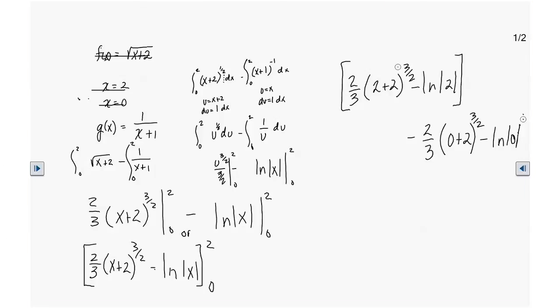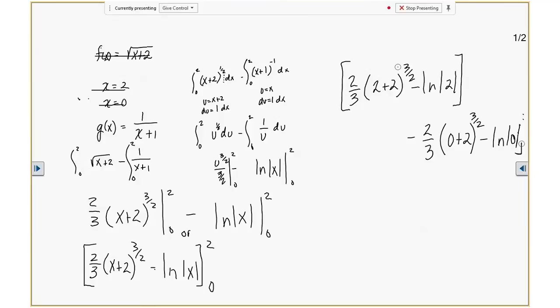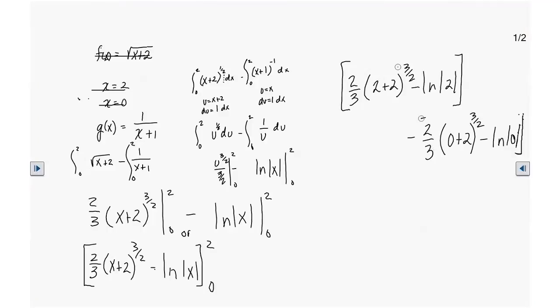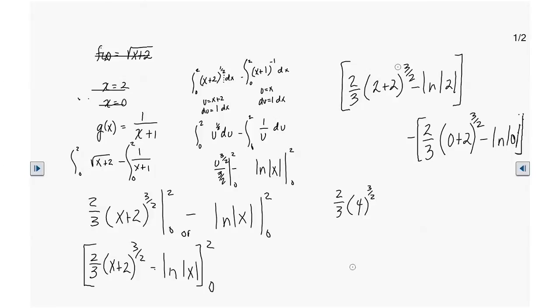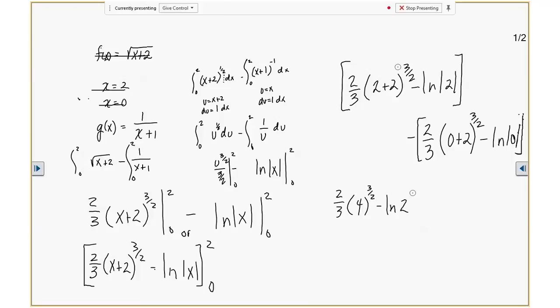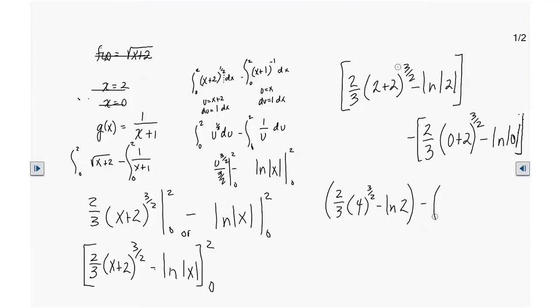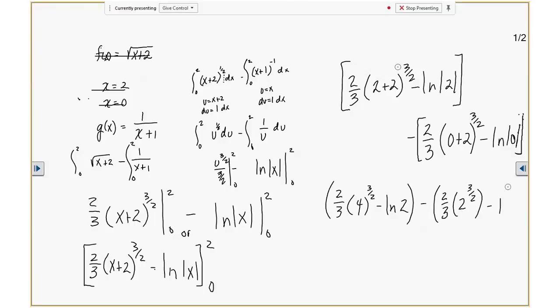And of course, what's the natural log of 0? So that's going to give us 2/3, 4 to the 3 halves, minus natural log of 2, minus 2/3, 2 to the 3 halves, minus 1.